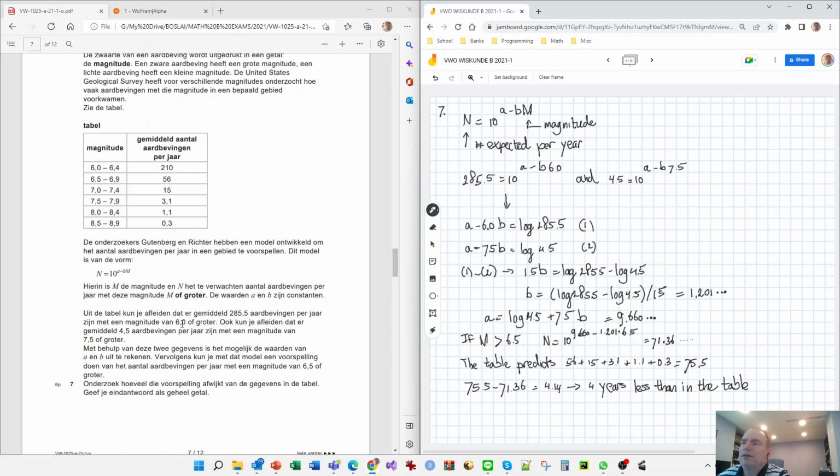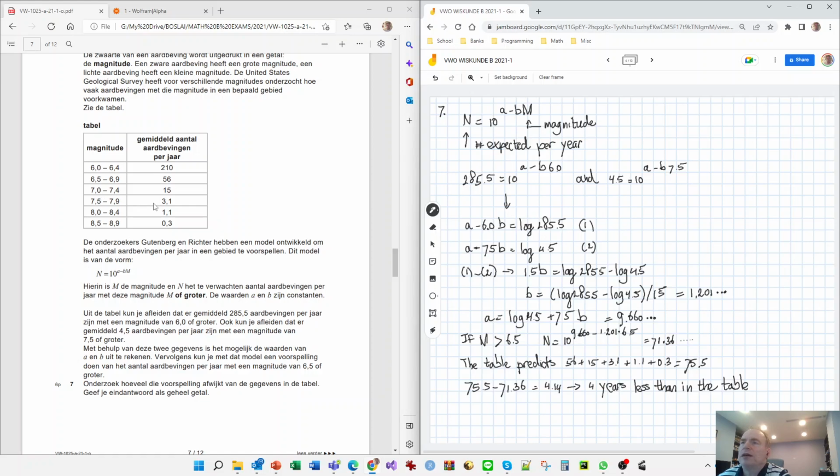And then you could get this information by looking at earthquakes of scale 6 or bigger, which is 285.5, or 7.5 and bigger, which is 4.5.